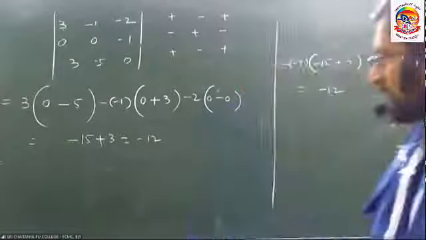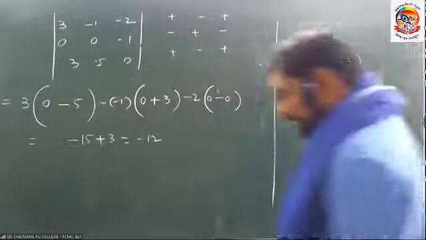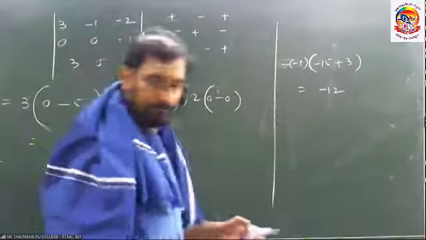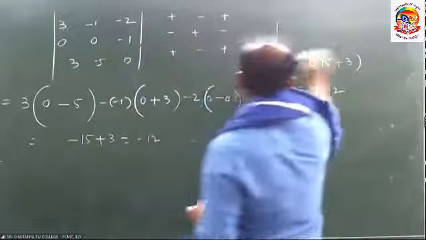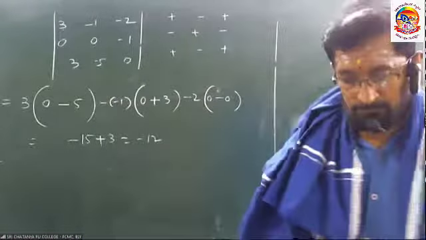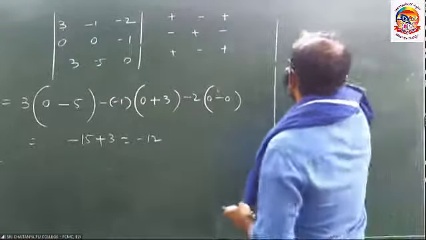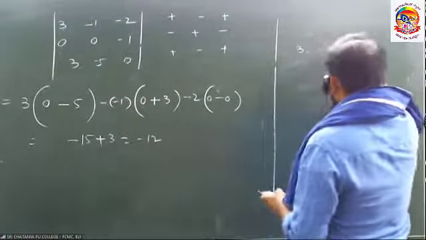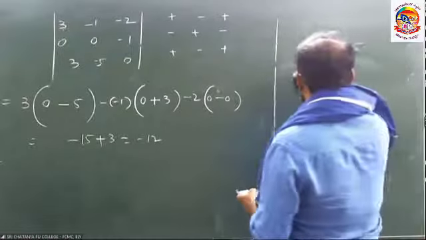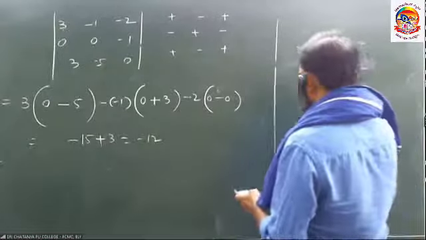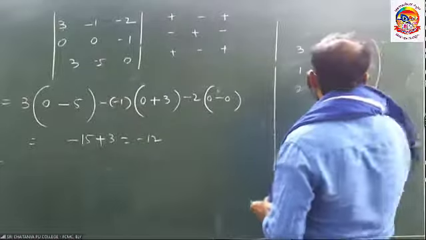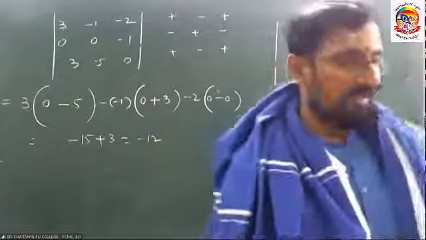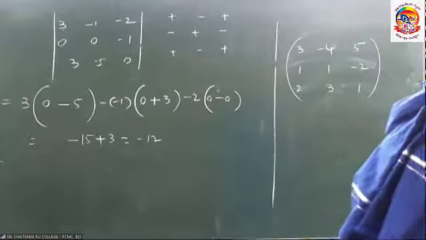Take down this problem and write down another one. Three minus 4, 5. 1 minus 2, 2, 3, 1. Find the determinant of that problem.